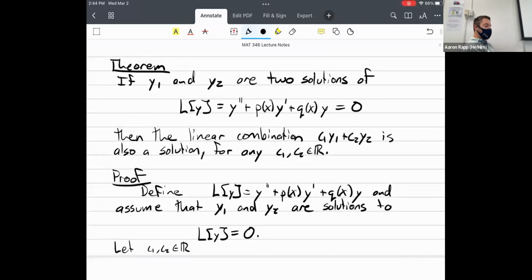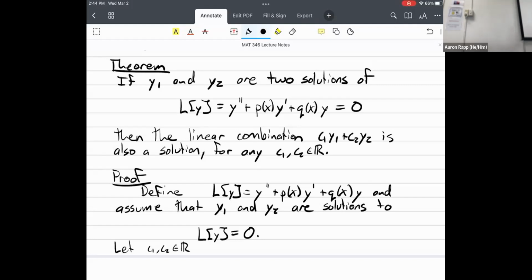And with this, we have all the different working pieces that we needed from the statement of this theorem, right? We needed two solutions to this homogeneous linear second order differential equation. And we're going to say that any linear combination of those two solutions, for any constants that are real numbers, should also be a solution.